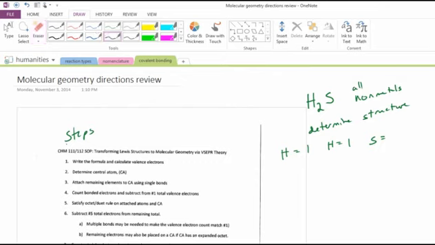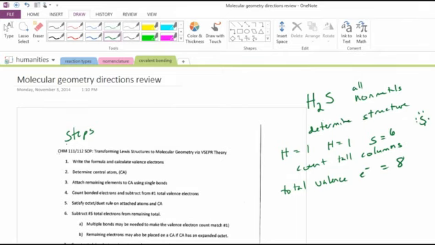Sulfur brings 6 valence electrons. Like that. Remember, all we have to do is count in the tall columns. So our total valence electrons are 8. I'm getting ahead of myself. Okay, so we have 8 valence electrons to work with.